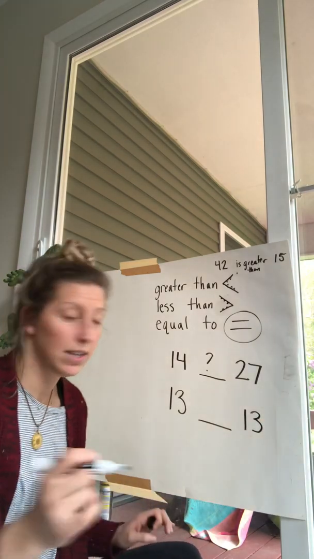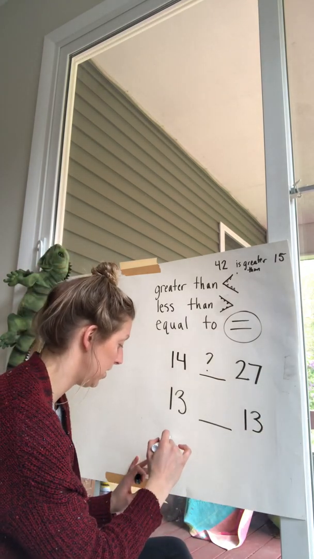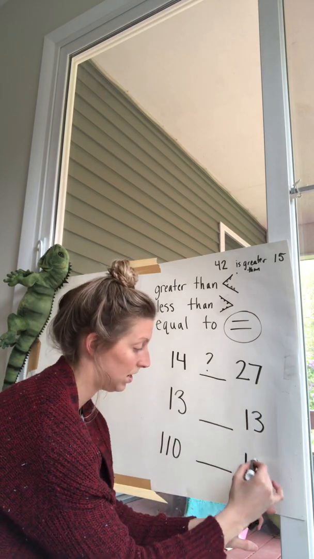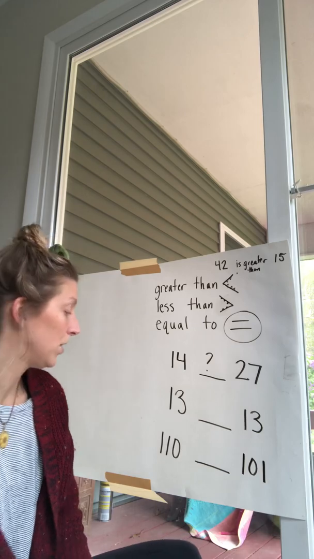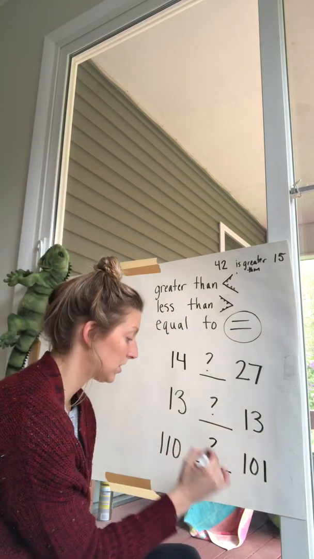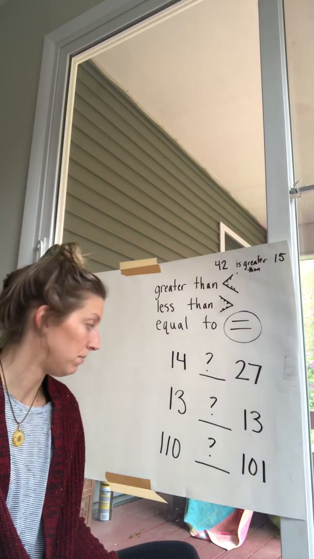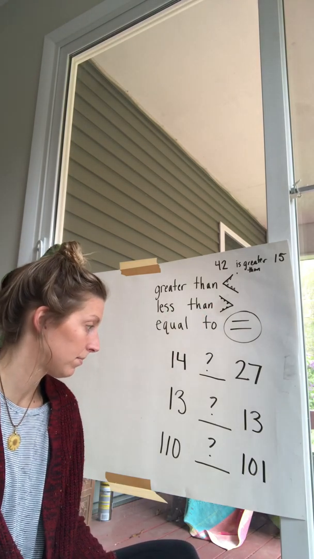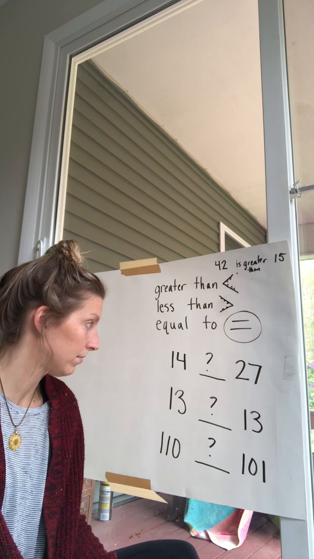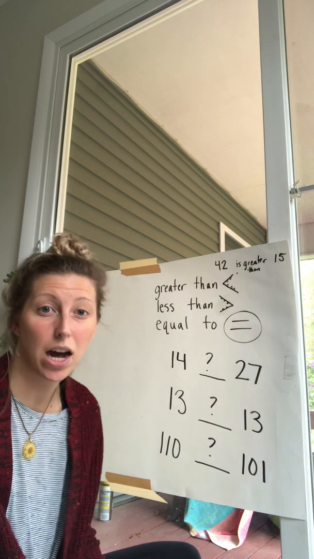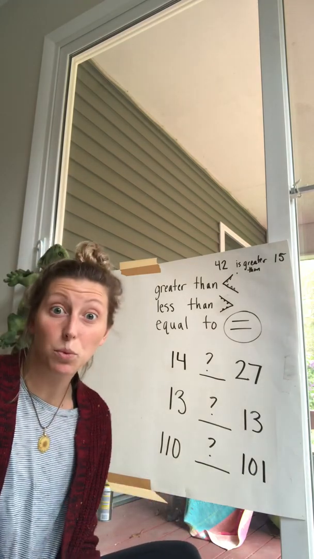And we have 110 and 101. So all the question marks, that's what you're going to figure out. Which symbol is it going to be? All right, sweet. So pause the video and figure out those problems, and we'll see you next time.